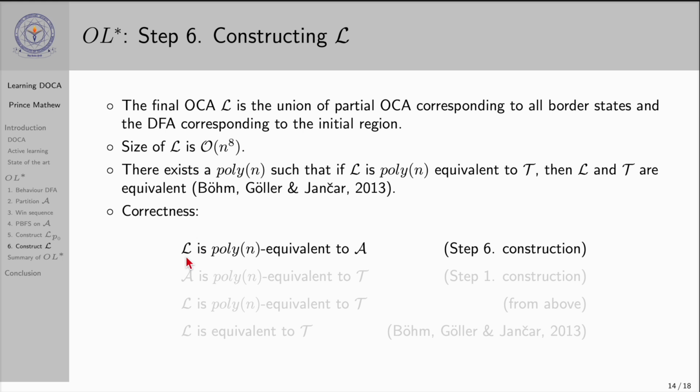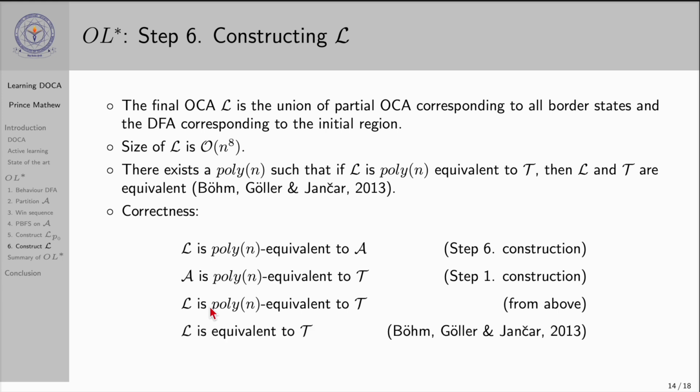By the correctness of the construction in the last step, we know that the constructed OCA L is poly n equivalent to the behavioral DFA A. The behavioral DFA A is indeed poly n equivalent to T because A was the poly n behavioral DFA of T. And now we get that L is poly n equivalent to T from the above two steps. And from the equivalence result, you get that therefore L is indeed equivalent to T.